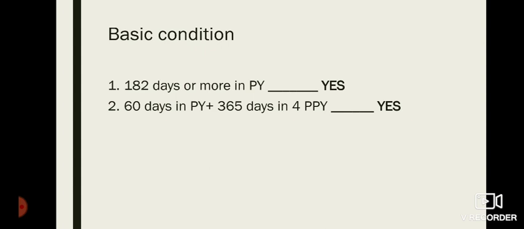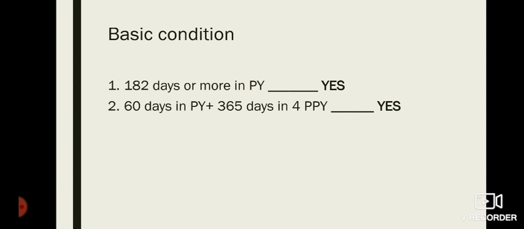That means before January, all the days he was in India itself. That means obviously he was resident in India for more than 365 days out of the 4 preceding previous years. In all the 4 preceding previous years, he was there for 365 days in each year. Not only for a year, but in all the years he was in India for 365 days. So yes, the second basic condition is also fulfilled. That is why I have written yes there.